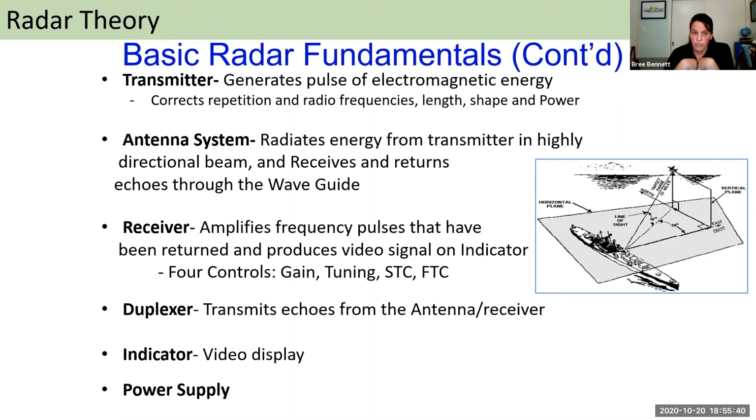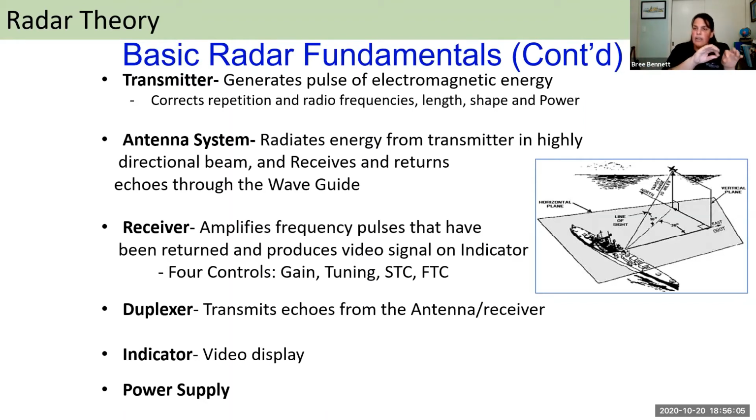The receiver is what amplifies those weak signals that come back to us. And we have different controls, our gain, our tuning, our sea clutter, our rain clutter, on how to amplify those weak signals that come back to us.